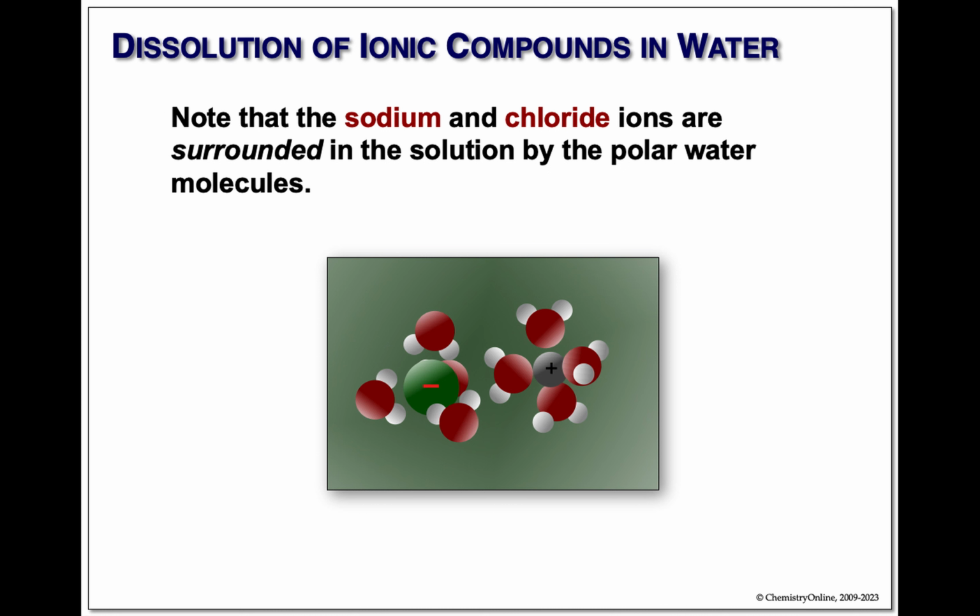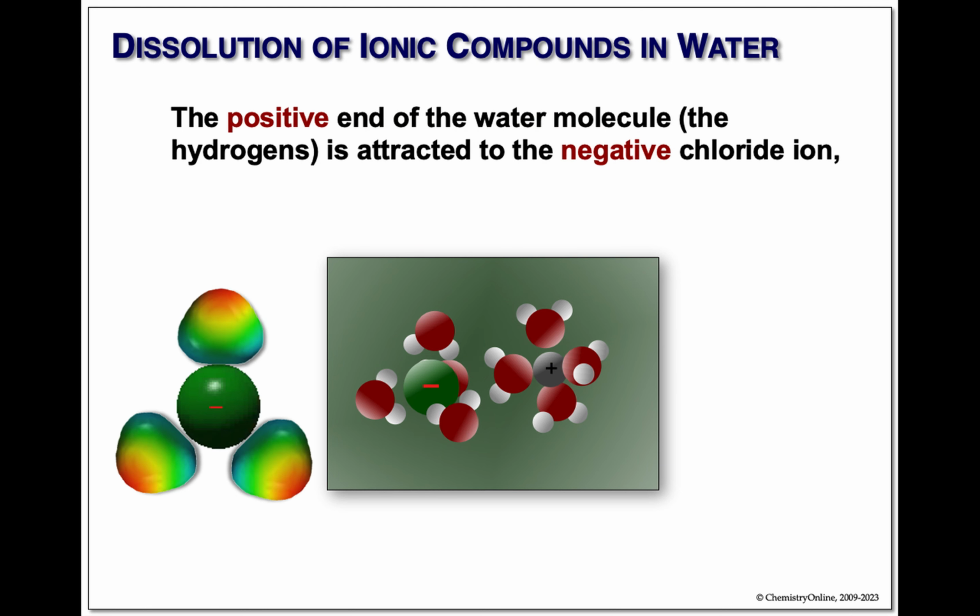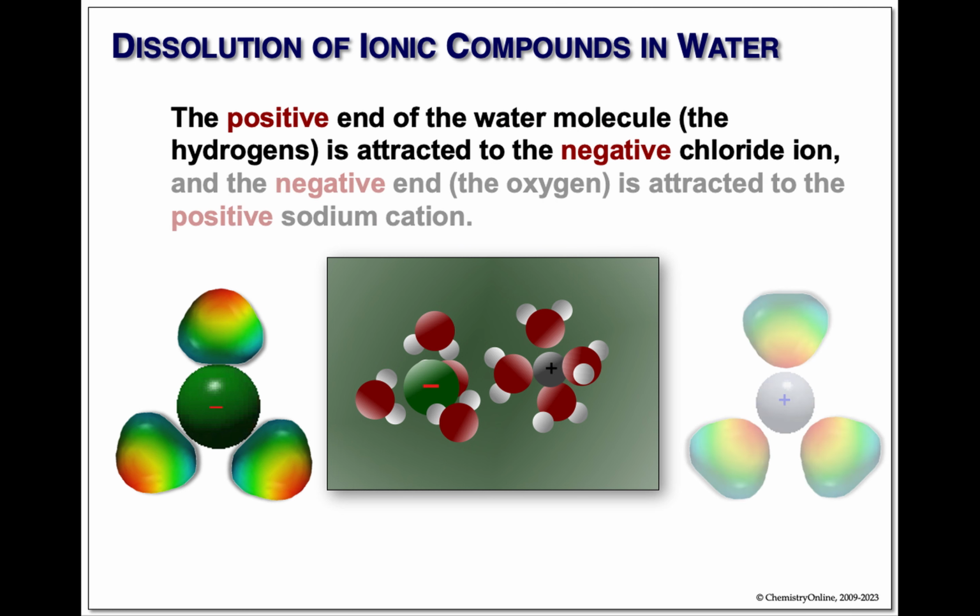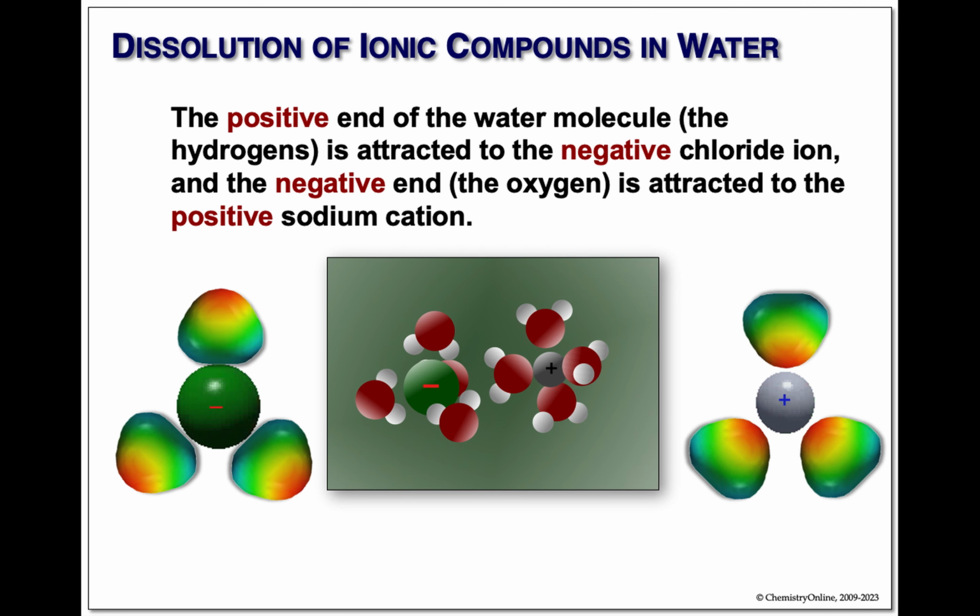When the chloride interacted, it was surrounded by waters with the hydrogens pointing in. The reason for that, this is the positive end of the molecule, and this is a negative ion. Over here, this is the negative end of the molecule, and a positive ion.